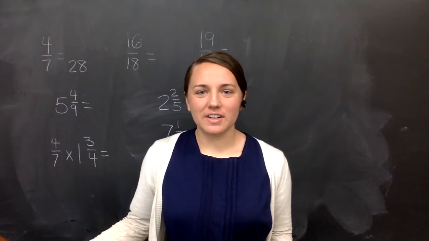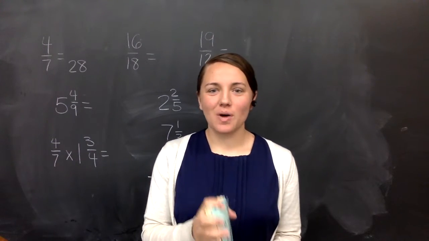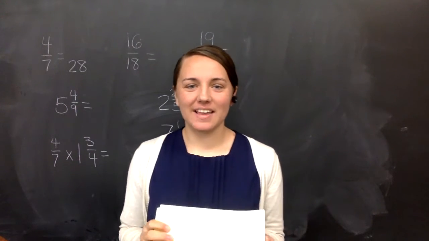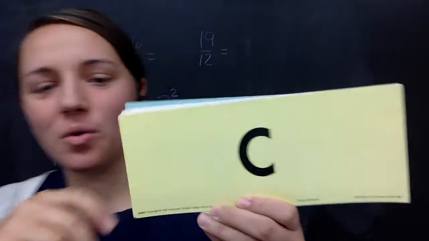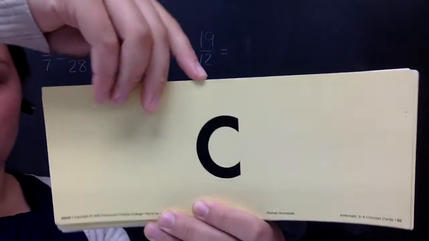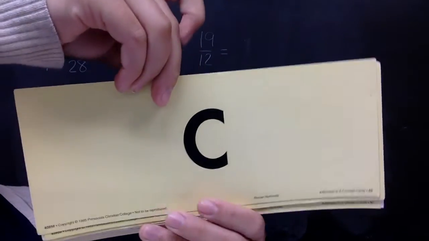We're going to start off with our concept cards this morning, so watch carefully, give the answer, and then you can see if you're correct. What does the Roman numeral C stand for?